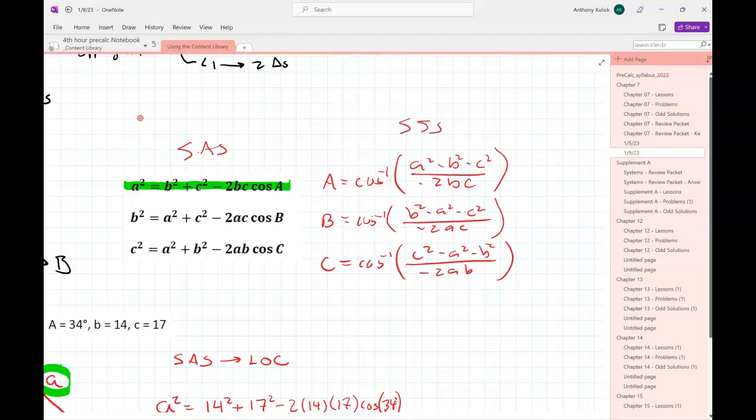So we have the same formula, we just rearranged it for the SSS situation, right? Is everybody okay with that?